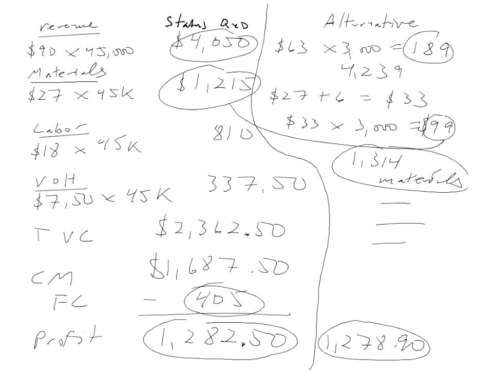Now, in real life, there's going to be other considerations. Maybe this customer that is making the special order is very important to you, and it's going to lead to a long-term relationship, and you're going to be able to sell more to this customer in the future. Of course, real life is a little bit more complicated than what we study in the books.